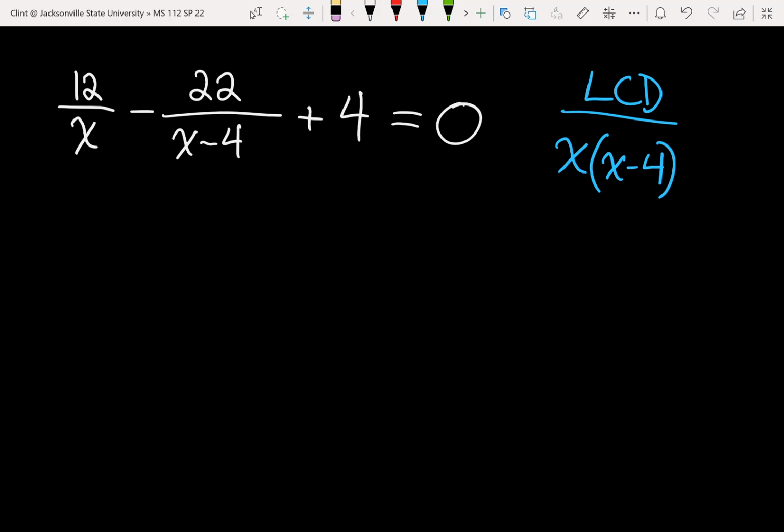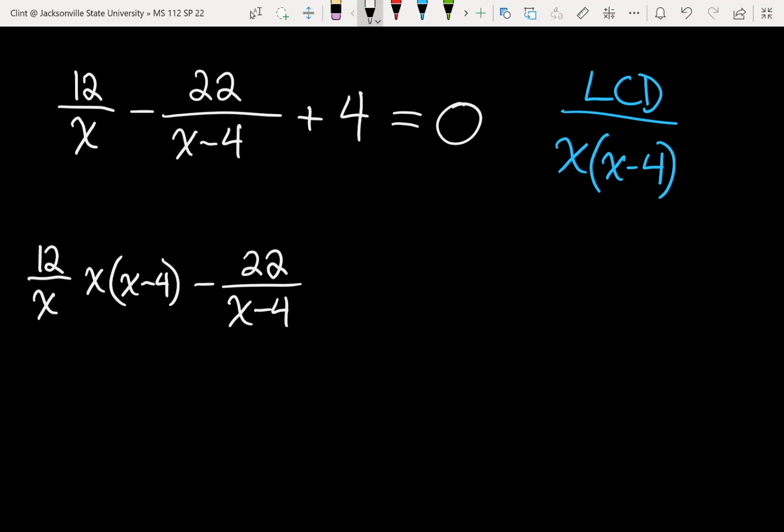We've got it here. Let's multiply by it. Got 12 over x times x minus 4, minus 22 over x minus 4 times x minus 4, plus 4 times x minus 4 equals 0.